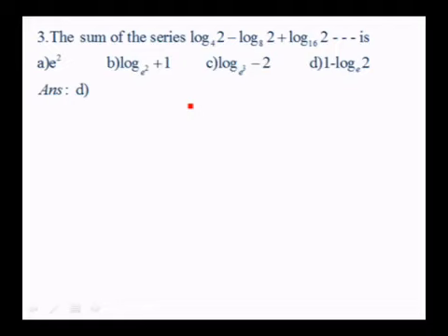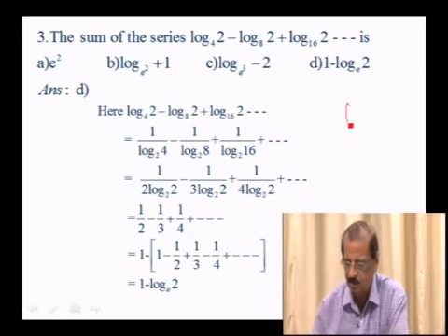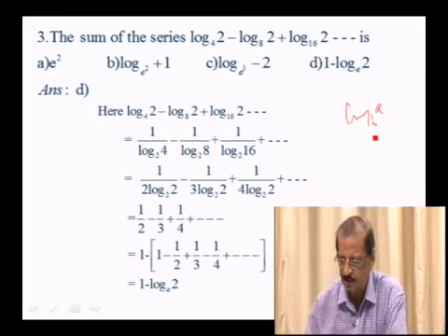The sum of the series log 2 to the base 4, log 2 to the base 8, log 2 to the base 16 etc. is... see here, I change the base of all terms. You know that log a to the base b is equal to 1 over log b to the base a.